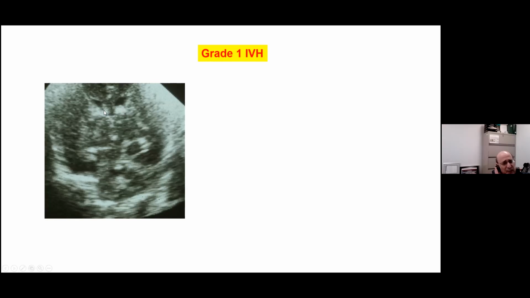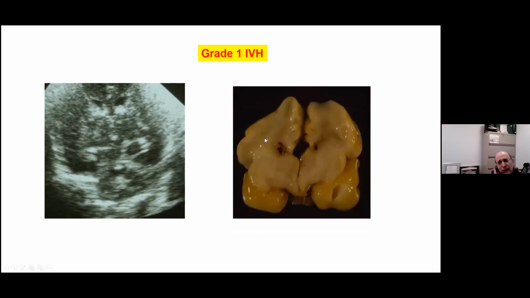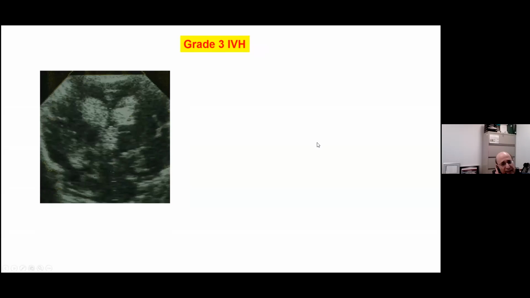So this would be regarded or should be categorized as grade 1 intraventricular hemorrhage, left greater than right. And if you look at a neuropathologic specimen, this is what it may look like, a small amount of blood. This is a bit more inferior, just adjacent to the brain in the white matter.